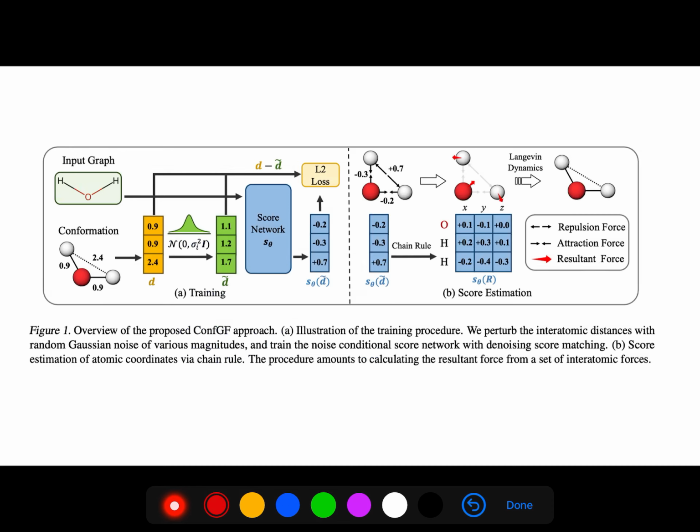And this is the overview of the ConfGF method. So we first perturb the interatomic distances, d tilde, with random Gaussian noise.